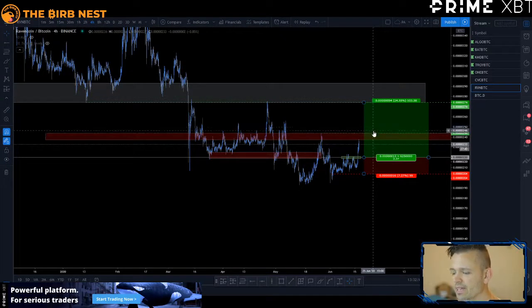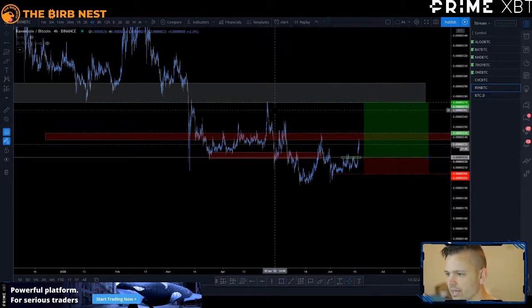And it needs more. I need to add more tools like the moving averages. I want to find the fib levels of the whole down move. I want to see if I can find any decent order blocks. I want to see what the volume profile looks like. There's much more work involved in making this an actual setup.